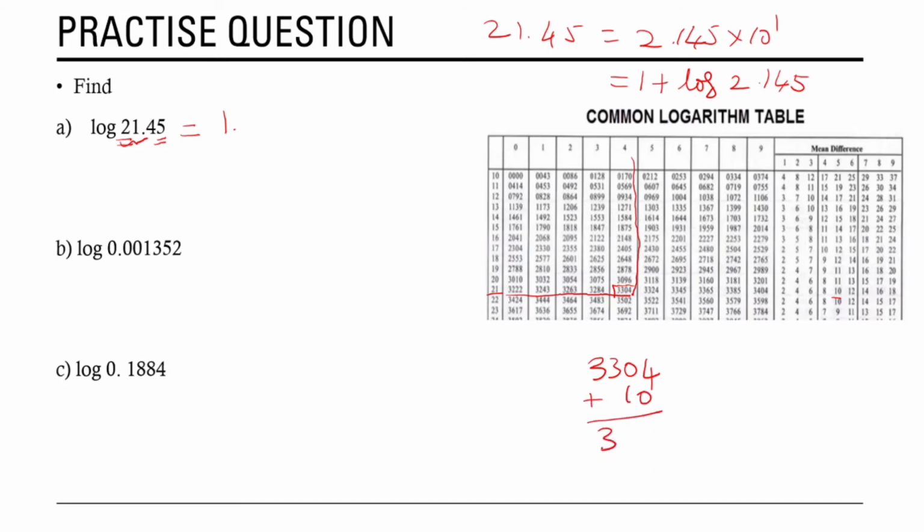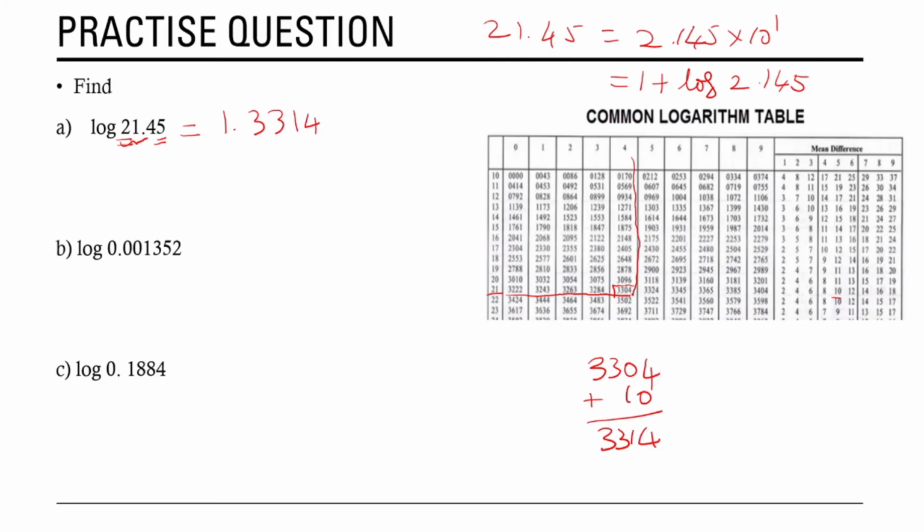Adding it, I get 3314. So the value of log 21.45 is 1.3314, whereas in the previous question log 2.145 is 0.3314.